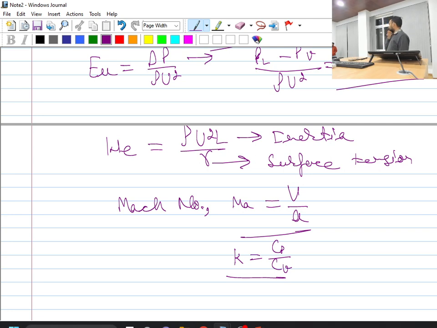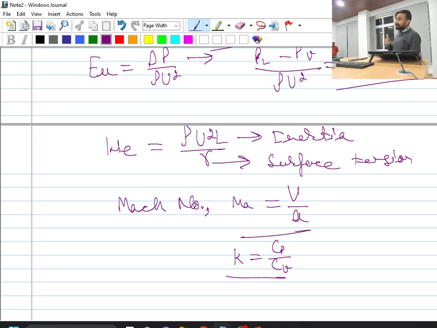Is this one clear? Likewise, we may have a number of dimensionless parameters depending upon the flow problem. We have to understand which are the relevant dimensionless parameters and which are not relevant for us.